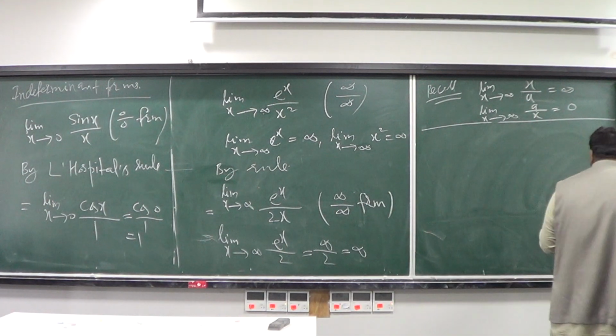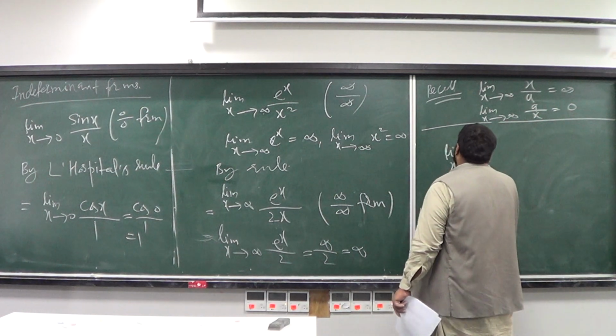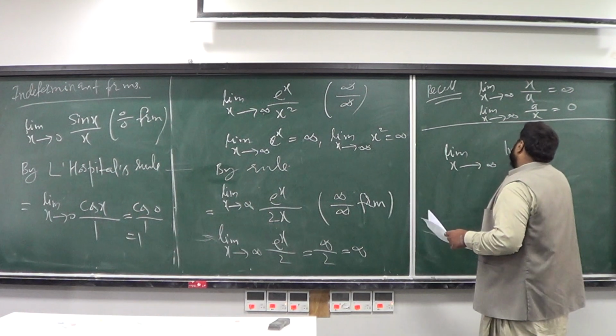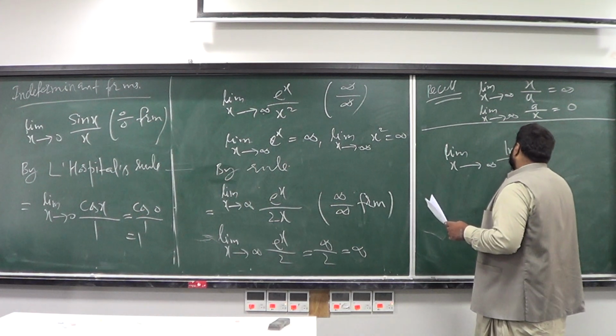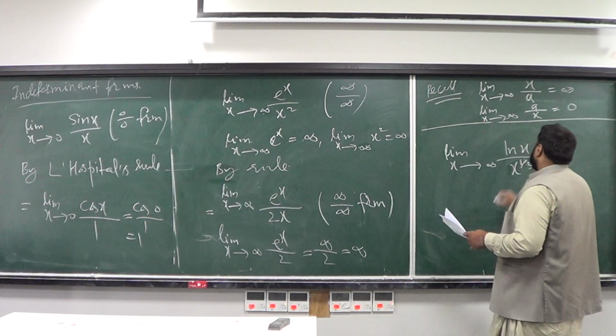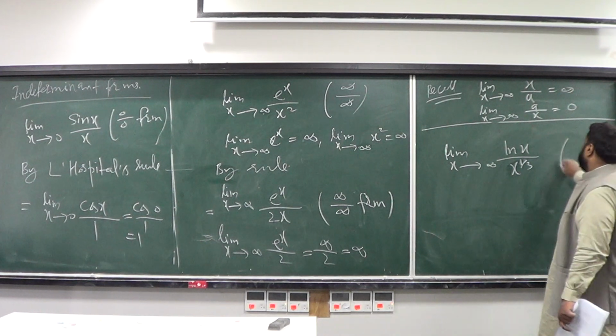So for example, here's one interesting question. I have the limit as x goes to infinity of log x over the cube root of x, so x power 1 upon 3. What is the limit as x goes to infinity of log x? It's infinity.